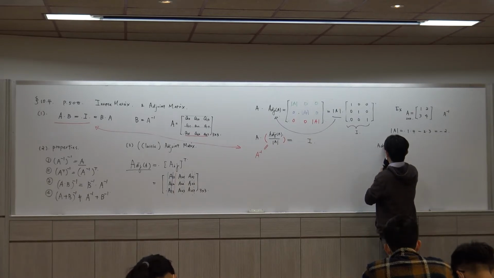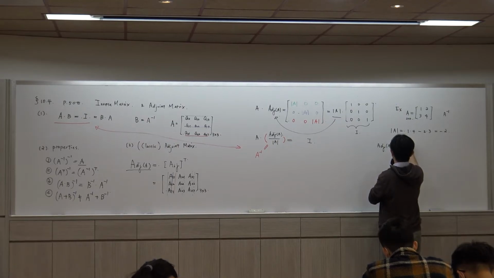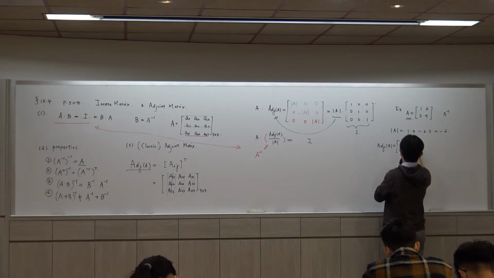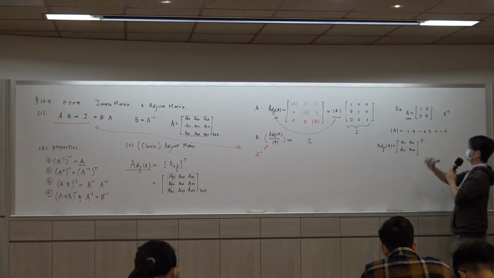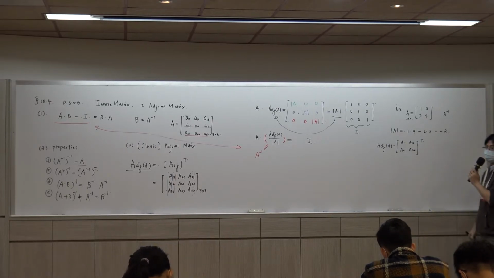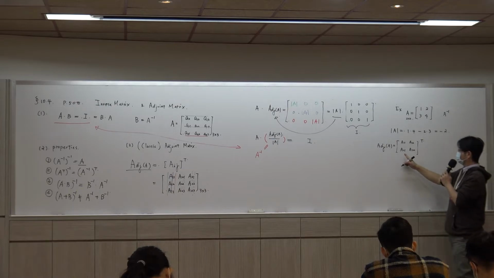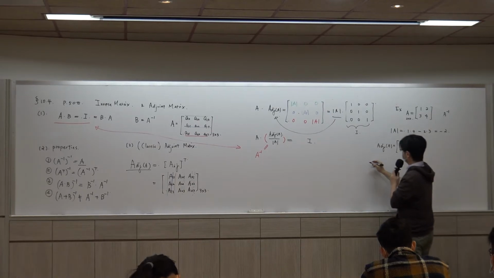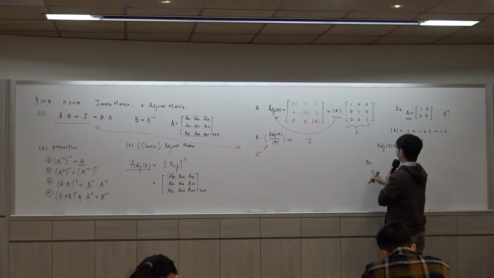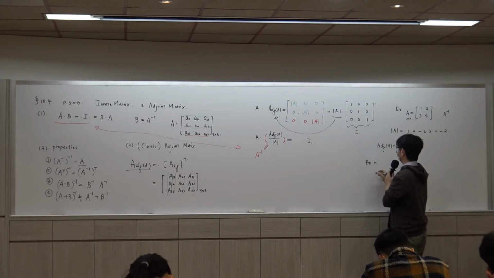And the adjoint matrix A equals this, right? So we need to have the cofactors, and we perform the transpose. Okay, so why is the cofactor of A 1,1 this way?